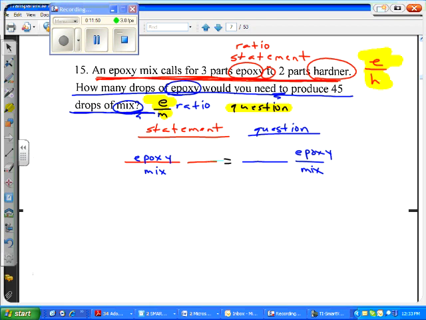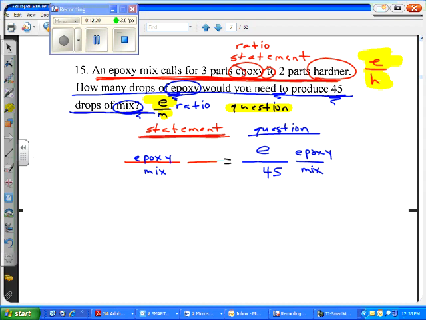That means that we have to make some adjustments in the first ratio. Now let's look at the question ratio. The question is how many drops of epoxy E would be needed to produce 45 drops of mix. So we've got that one. You can't take numbers from the blue, the question, and put them in the red, the statement.